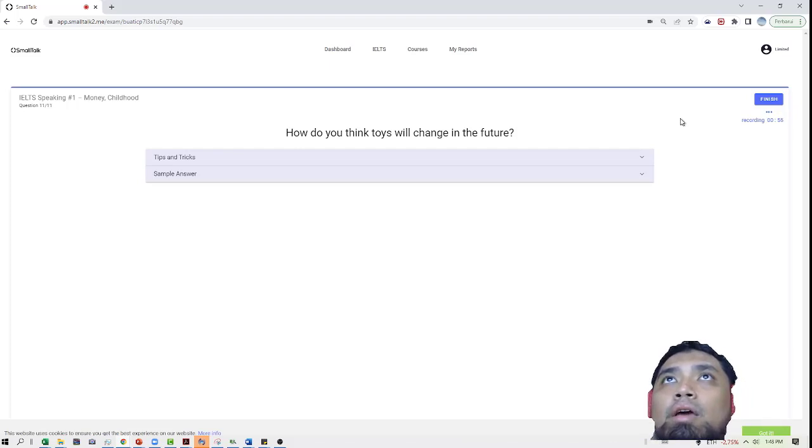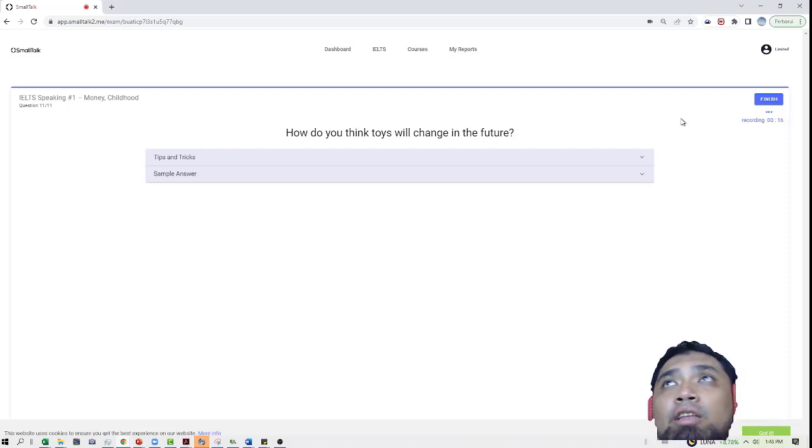Okay, it depends on how we see the toys. If we see the toys as something that makes us busy, so that we can run from our responsibility to do something, then the toys may become a burden, or even something that can destroy the future.